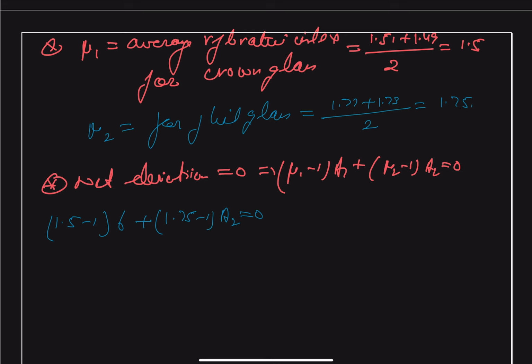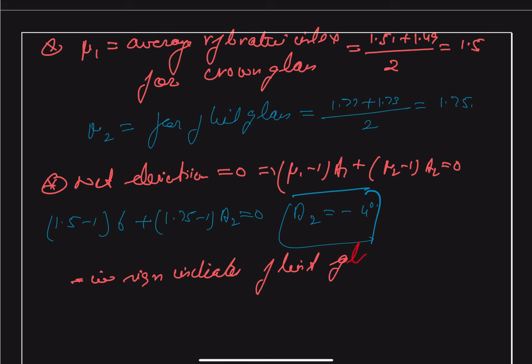And this gives us that A2 will be minus 4 degrees. The negative sign indicates that the flint glass is placed inverted compared to the crown glass.